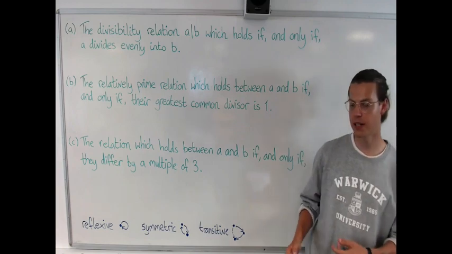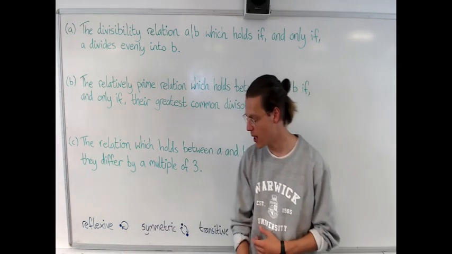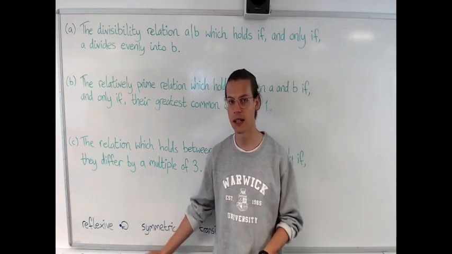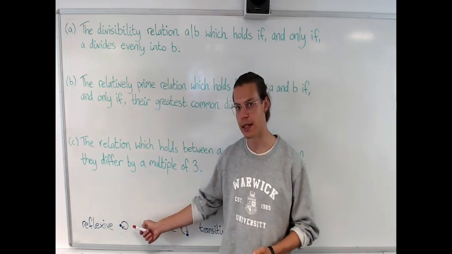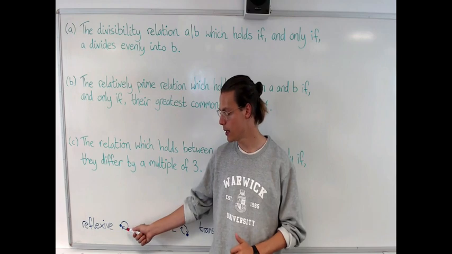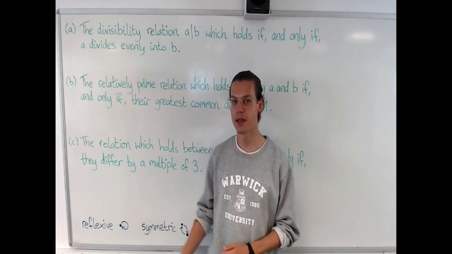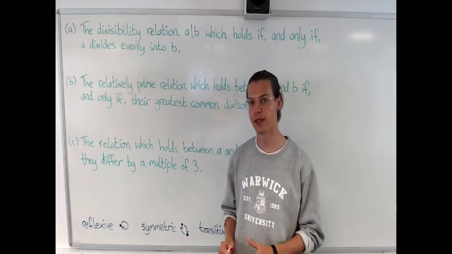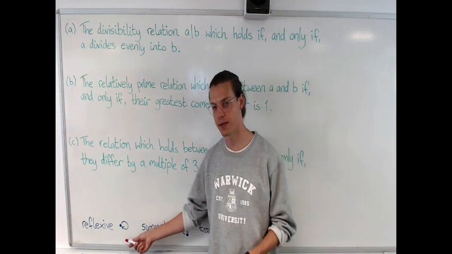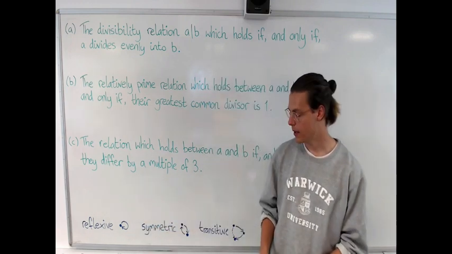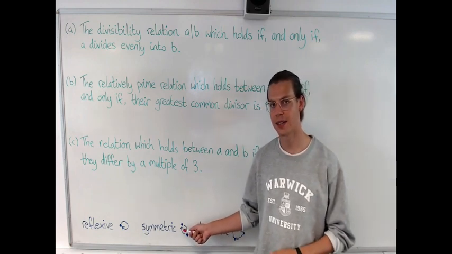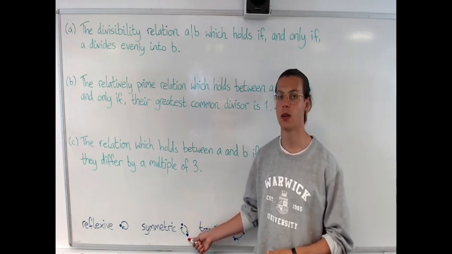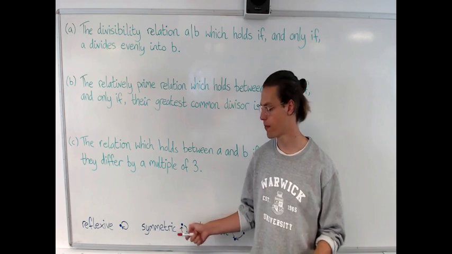Remember, a relation is reflexive if every element of the set, in this case the positive integers, is related to itself. It is irreflexive if no element of the set is related to itself. The relation is symmetric if whenever x is related to y, y is related to x.